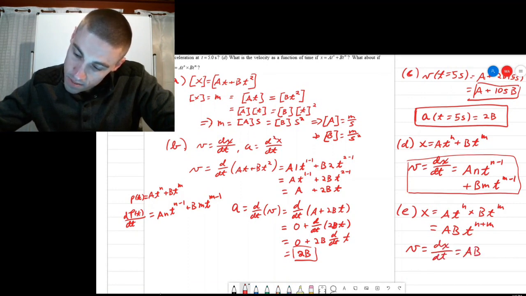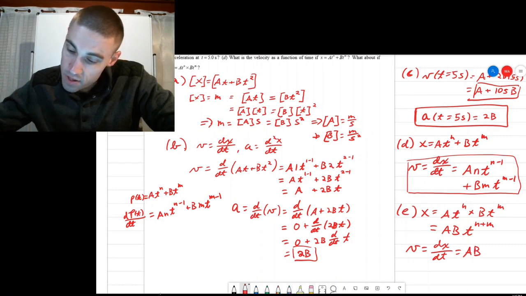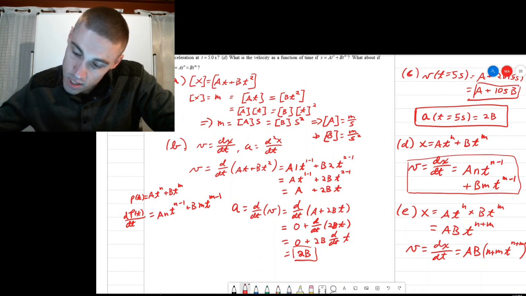So there are the constant terms here that always stay the same by the constant multiple rule. Then I can take the exponent and multiply it out front, n plus m, t to the n plus m minus 1. And drop the exponent by 1. So that is our answer.